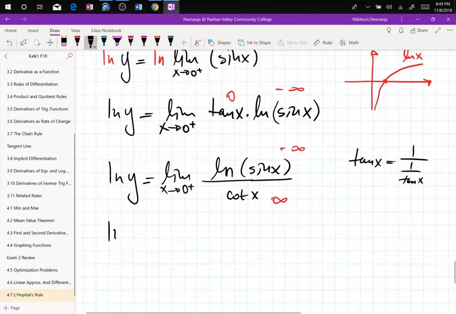So now I have ln y, and I use L'Hopital's rule now.